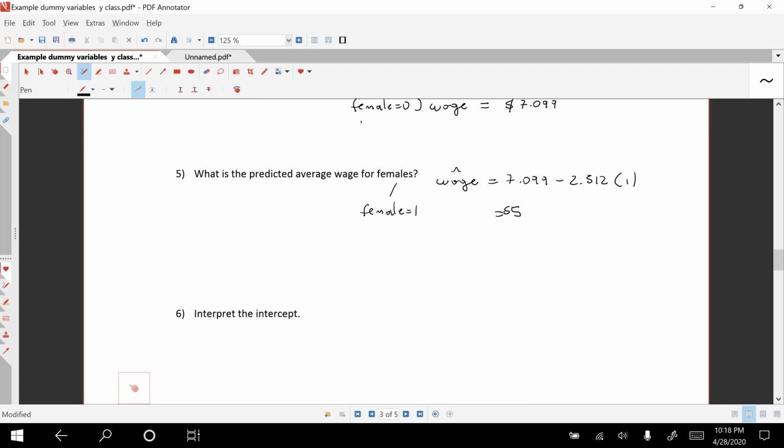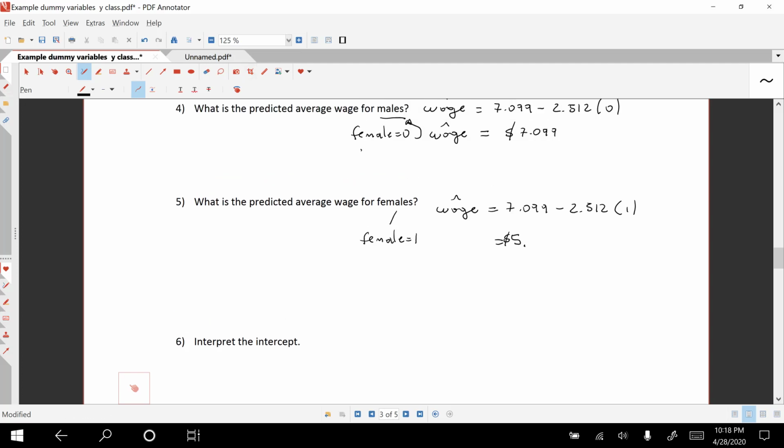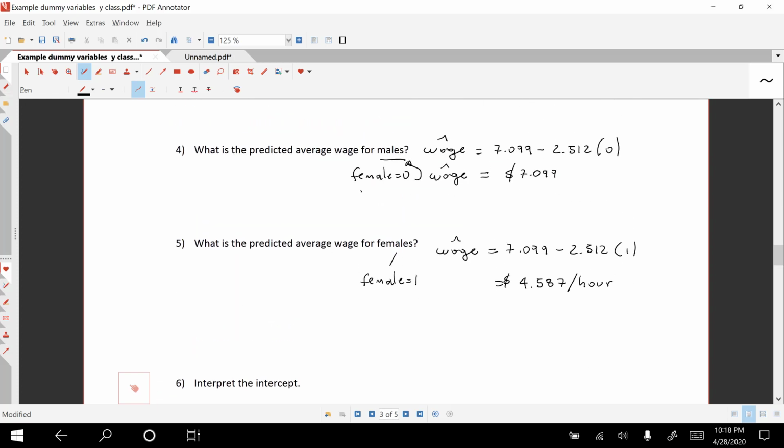So the wage is going to be 4.587 dollars per hour. Okay, so actually, if you see here, the difference between those two is 2.512. So the wage for females is 4.587, and the wage for males is 7.099.